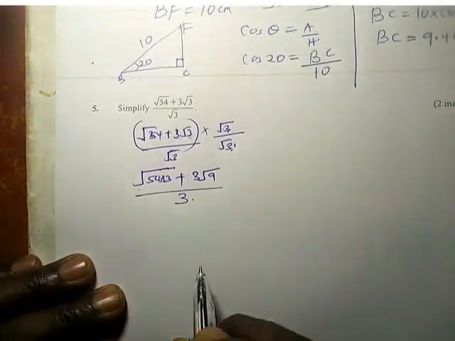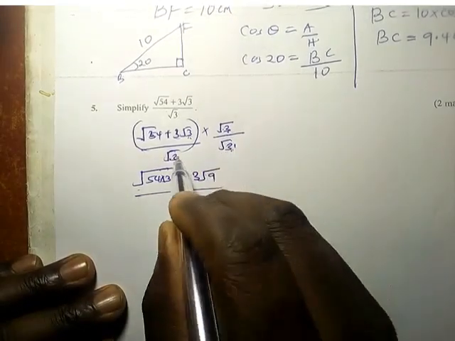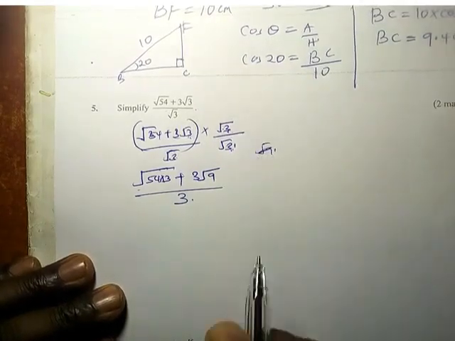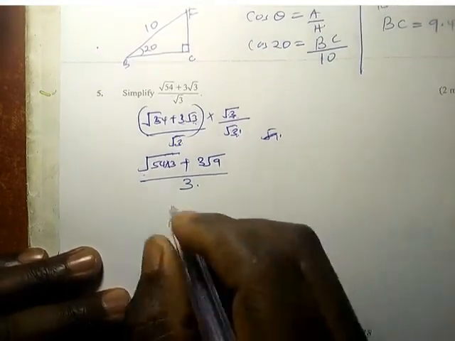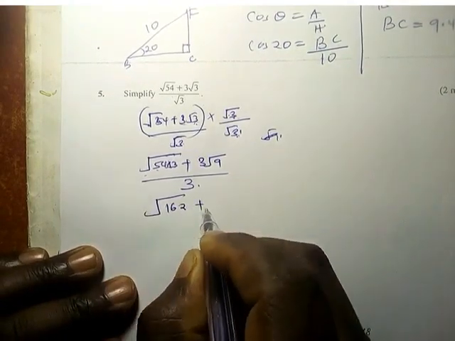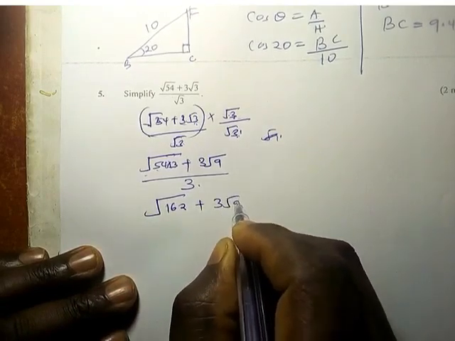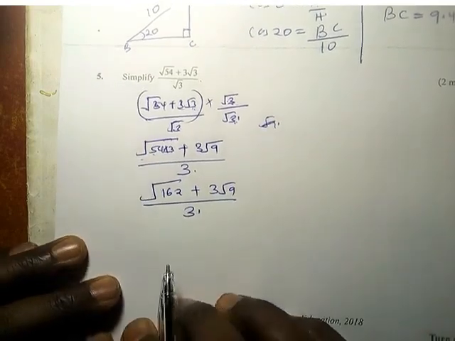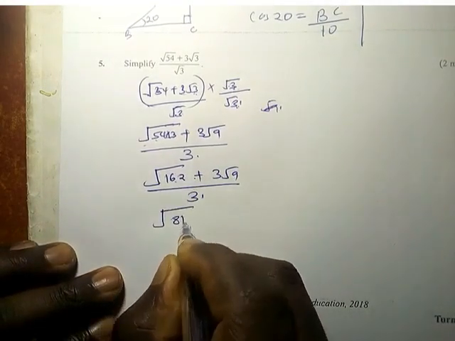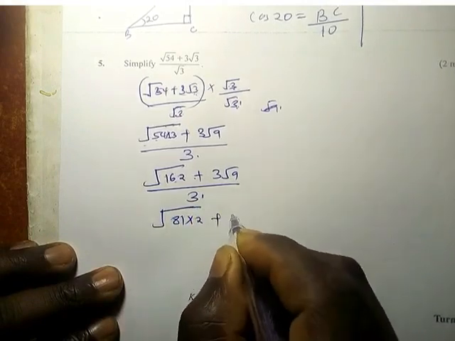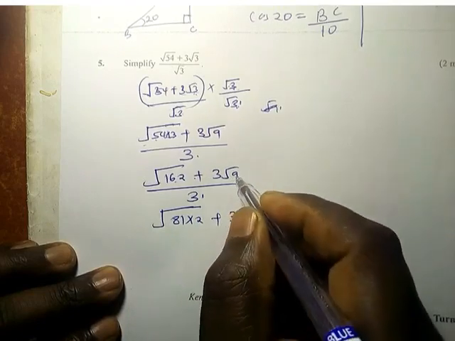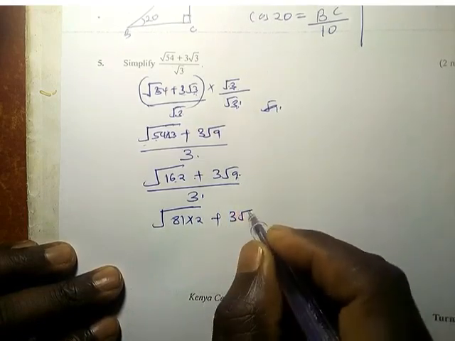Divided by 3. Root 3 times root 3 is the same as root 9. Now, this one is the same as root 162 plus 3 root 9 over 3. Root 162 can be written as root 81 times 2 plus 3 root 9, but root 9 is just 3, so it is 3 times 3.